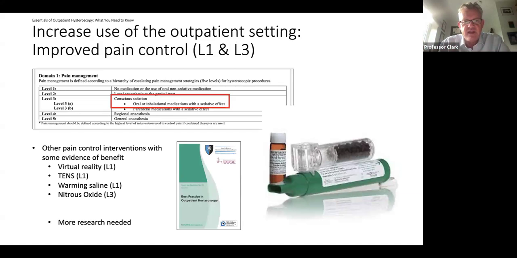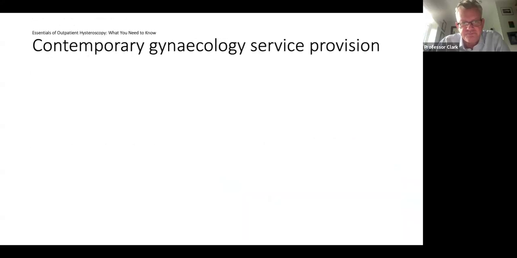And so we're currently looking at that to see if that can be helpful as a choice for women if they would like to take that. There's bits of evidence on the use of TENS or virtual reality, but we can't fully endorse those without more evidence. But there is interest in how we can improve not just outpatient hysteroscopy, but outpatient procedures in general.